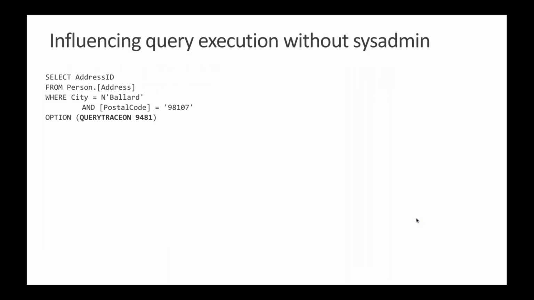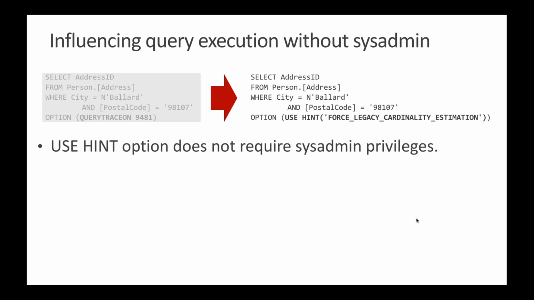Another nice feature. In the past, if we wanted to use a trace flag in a query, or certain types of query hints, we had to be sysadmin. This is really problematic if you're talking about developers trying to write their own code. Now we have some of these use hints, and we still have to be sysadmin to do trace flags, but some of these other hints have been converted into regular hints so that they don't require you to turn on a trace flag.